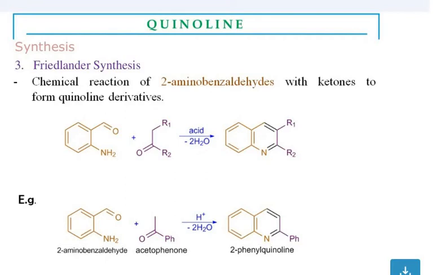Friedlander synthesis is the chemical reaction of 2-aminobenzaldehyde. There is a difference, because in the previous 2 reactions we took aniline. Here 2-aminobenzaldehyde reacts with a ketone to form a quinoline derivative. You can see the formation of quinoline which is substituted at 2 positions.